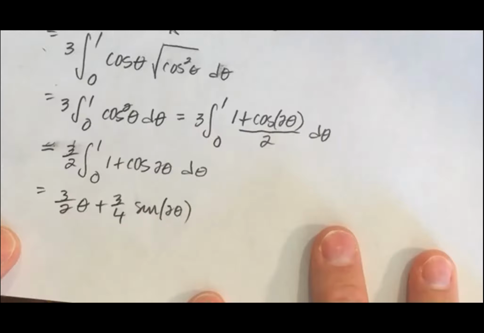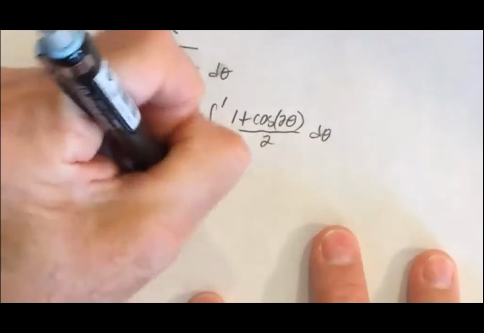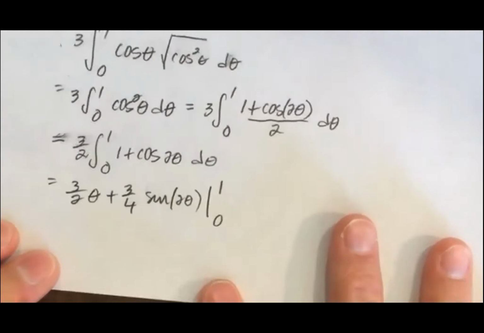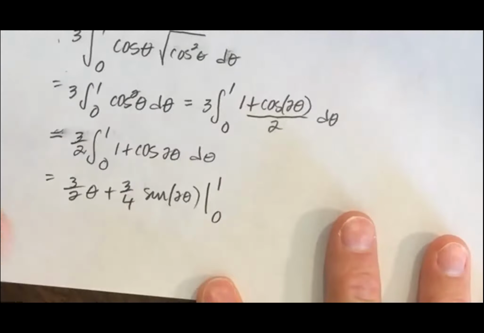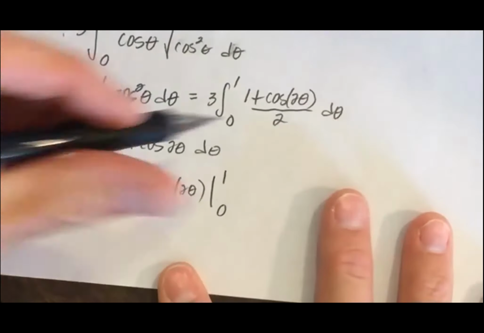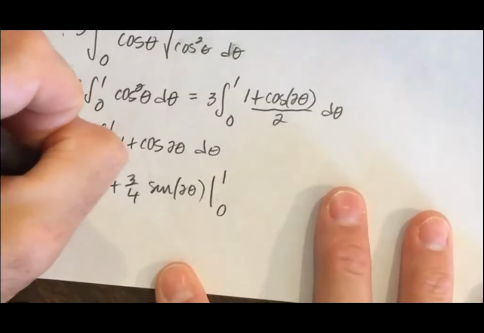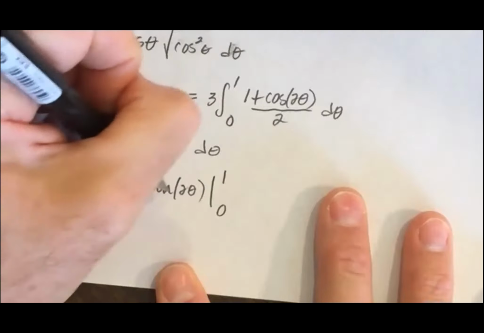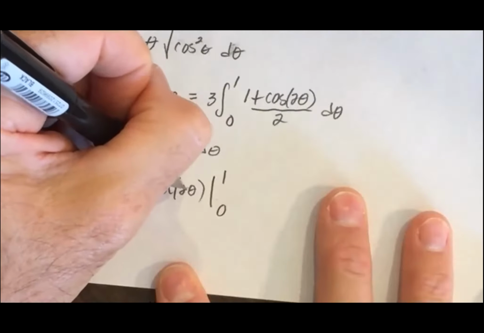We still doing okay? From 0 to 1. Notice that I'm plugging in for the theta, so my limits have to be thetas, but we changed them to thetas, so we're in good shape. Put in 1, what do you get, 3/2? And then we've got plus the sine of 2 theta.